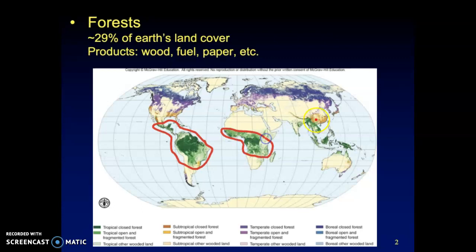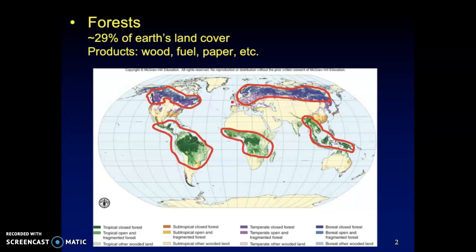You look at parts of Asia over here, Indo-Pacific, lots and lots of forests there. Then you go to North America and Canada. You look at these regions. How much forest do we have up there? Some of Western Europe, but most of Northern Asia, tremendous tracts of different types of forests. So again, about 29% of the Earth's cover is made up of forests.